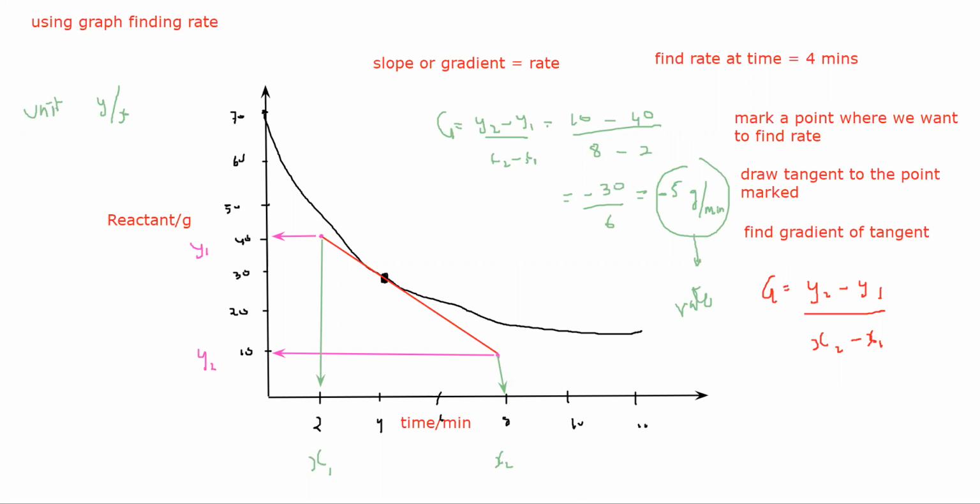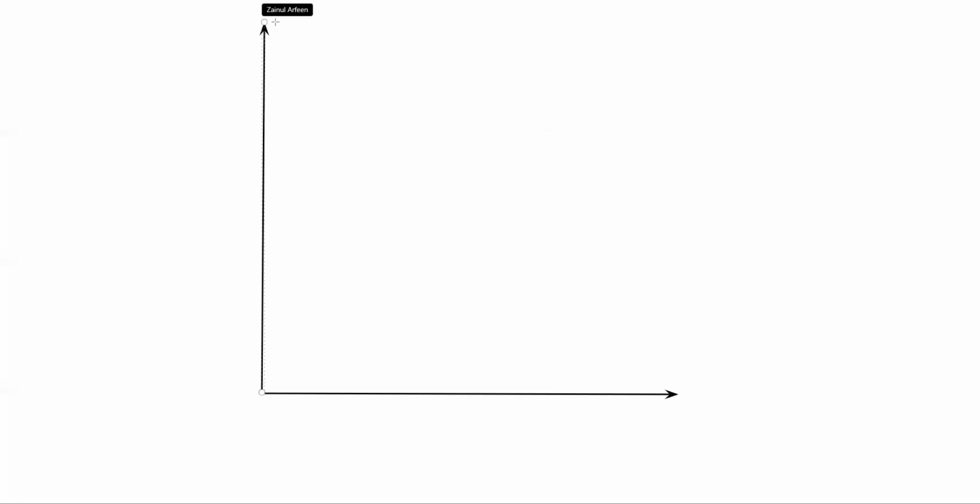Another type of graph: if the amount of product is given, amount of product or volume of the product, say in centimeter cube, and time is in minutes.